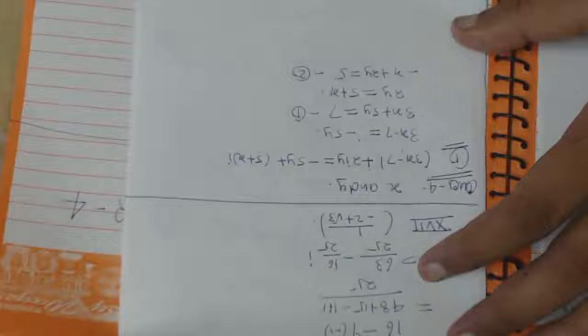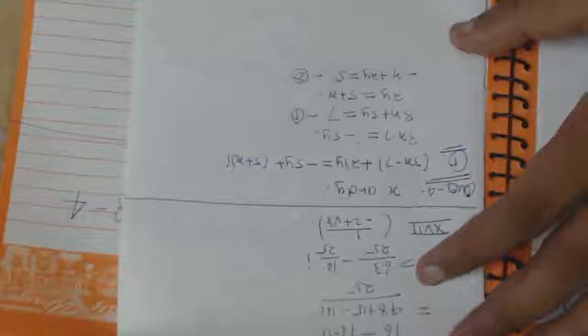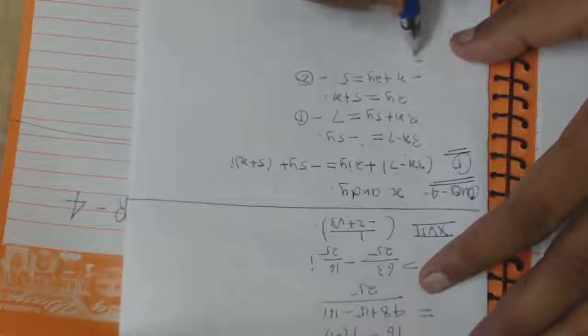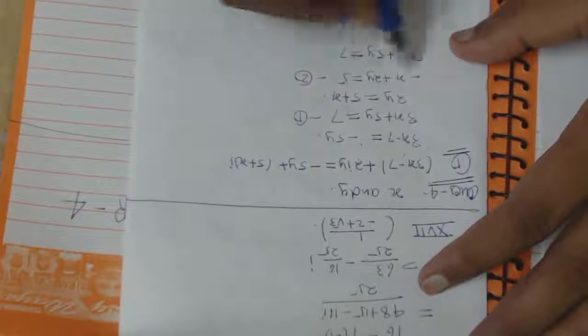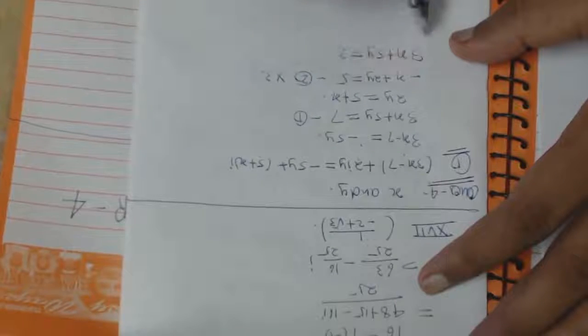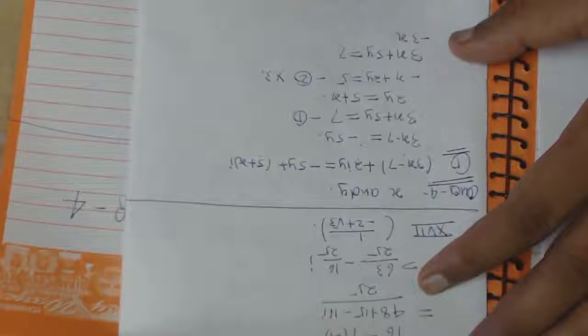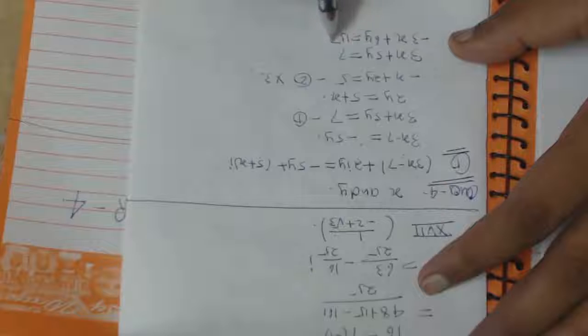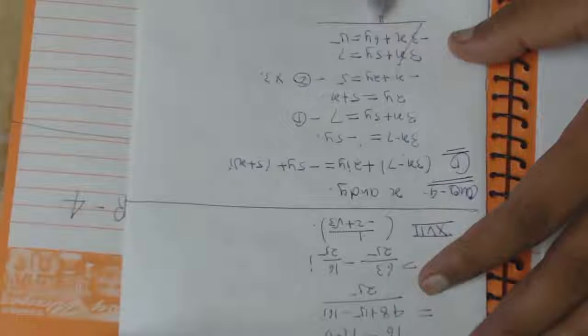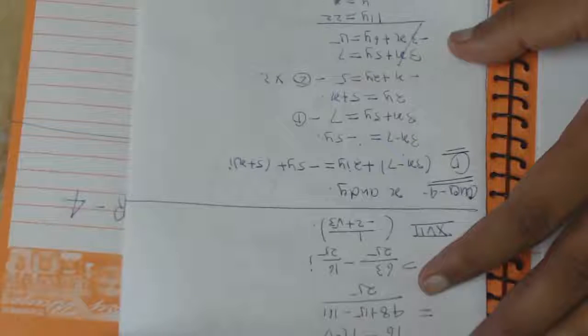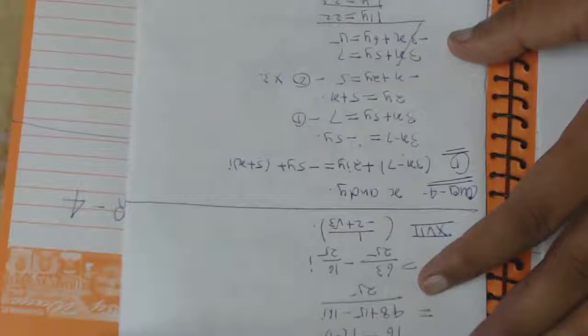This is equation number 2. Equation number 1, equation number 2 when solved: this 3x plus 5y is equal to 7. I multiplied by 3. It will give you minus 3x plus 6y is equal to 15. Add, cancels out, 5 and 6, 11y, 7 and 15, 22, y is 2.